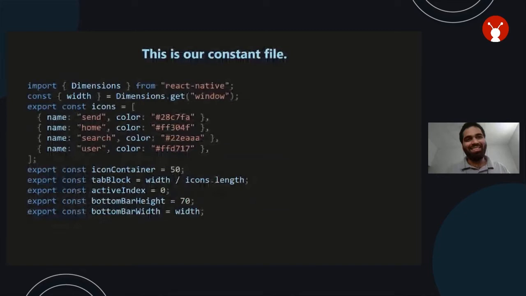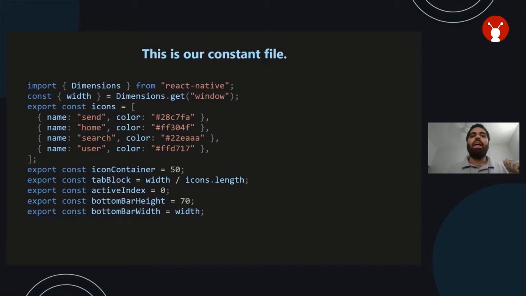So this is our constant file. It has nothing special. It has an icon array having the name and the color, and an icon container, just a constant size. The tab blocks are the blocks of the bottom navigation holding specific icons. I'm calculating their width by dividing the width by the number of icons.